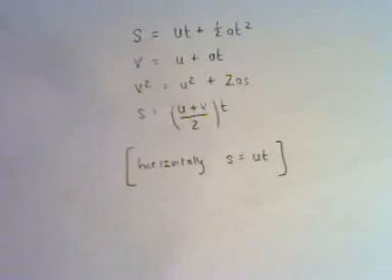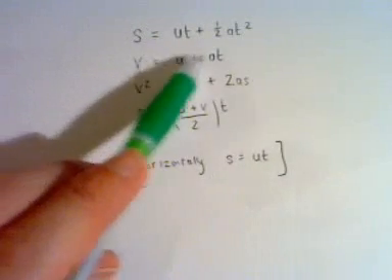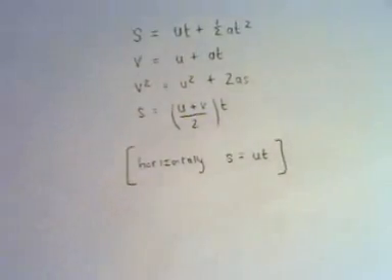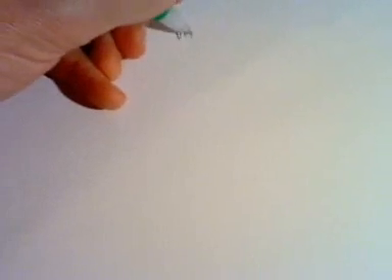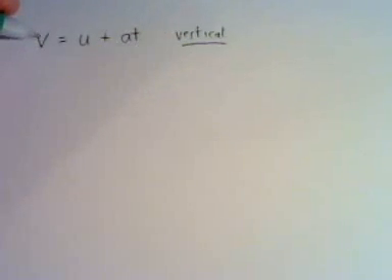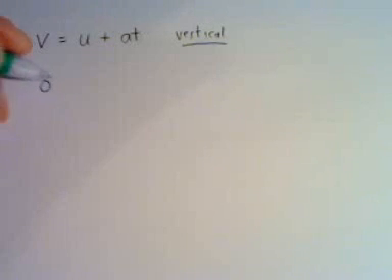If we go over to our Suvat equations, we can see it's this one here, v equals u plus at. So we've got v equals u plus at only being applied to the vertical. So the moment it's at its maximum height, we're going to call that its final velocity, and at that particular time it is 0.